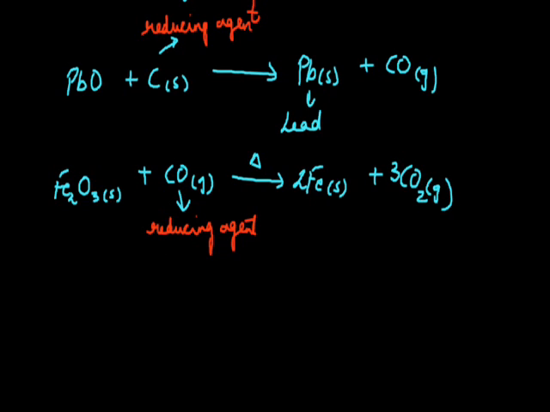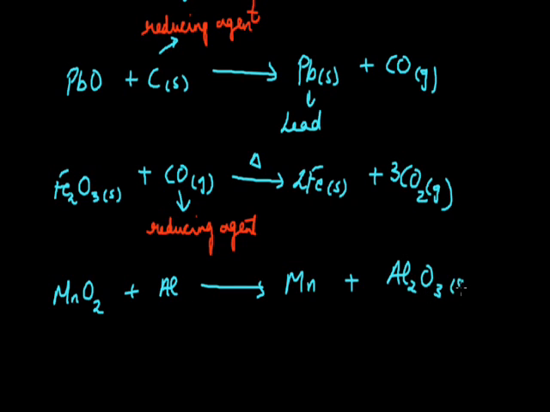Similarly, some metal oxides react with aluminium and form metal and liberate the other product, that is aluminium oxide. Manganese oxide will react with aluminium and it will form manganese and aluminium oxide.